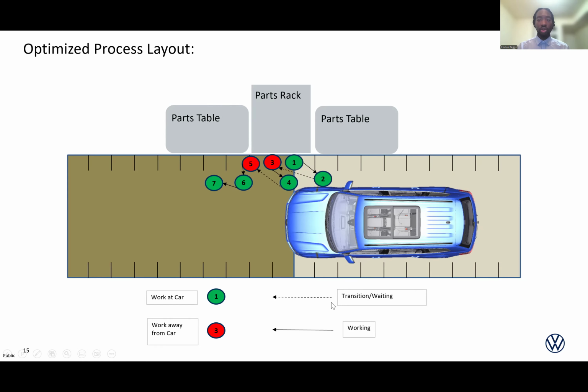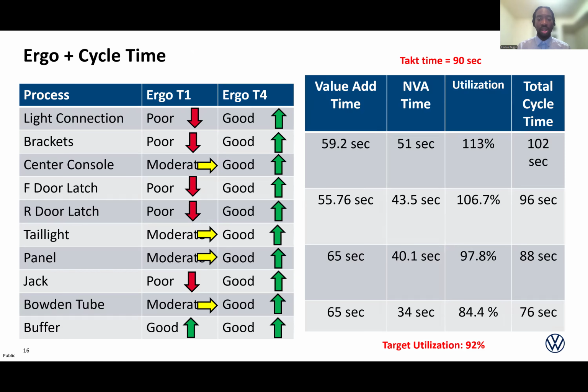So that shows that now we're in an optimum working process, and we can also discuss our ergonomics and our cycle time. Notice for each part of the process, starting with the first trial, everything was poor to moderate ergonomics, like we noticed the worker turning a lot, extra movements, reaching.